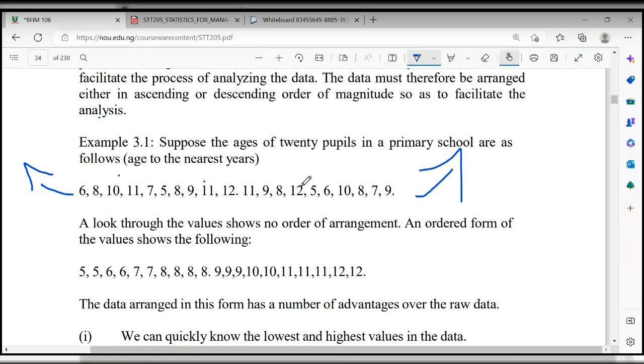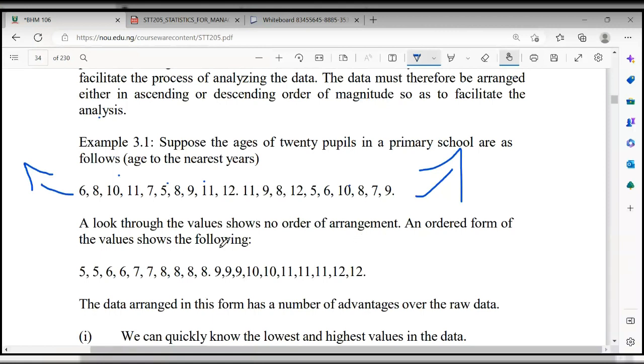So here they now arrange it properly. We have 1, 2, which is the lowest. Here we first identify the lowest and the highest value. Look around, you will see 10 is here, 11 is here, which is greater. We have 12, which is the highest so far. 12 again.